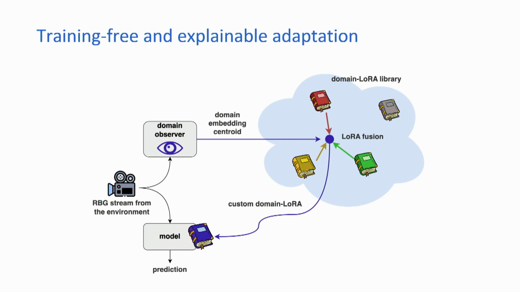If you don't know, LoRAs are a form of plugins that can be plugged into a model and improve its performance in a specific area. LoRAs also have this nice property that they can be combined. So if we see a domain, we can create an embedding of this domain, understand which LoRAs should be combined and how to combine them, and then replug this LoRA into the model.